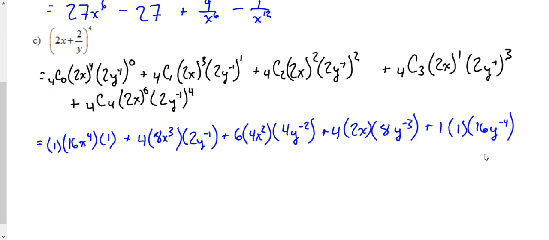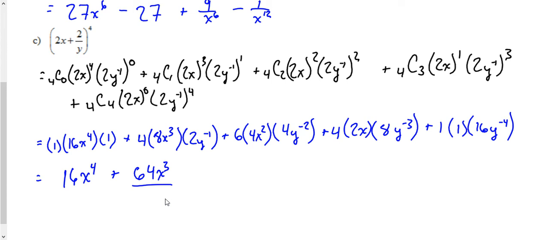There we go. From here, our cleanup step of multiplying, and I'm going to flip anything that has a negative exponent right away. So this first term is now just 16 x exponent 4 plus, and numbers wise I have 4 times 8 times 2, which is 64. X cubed is going to remain in your numerator.